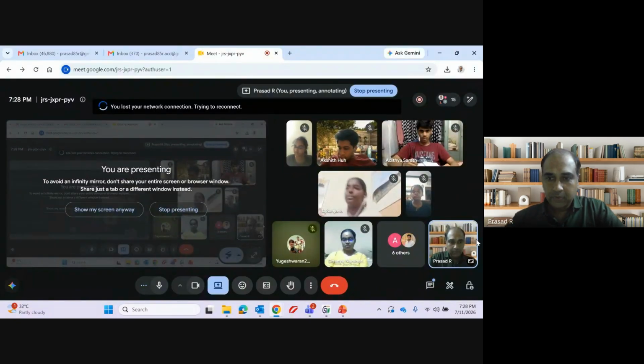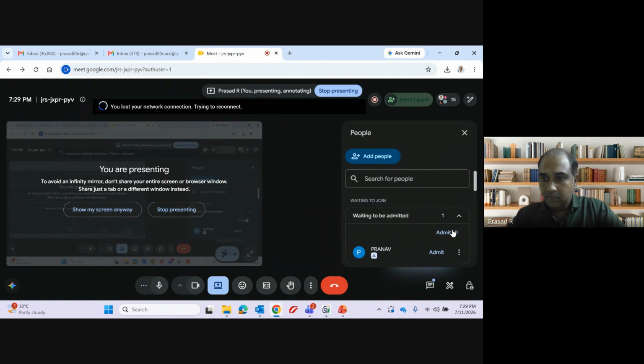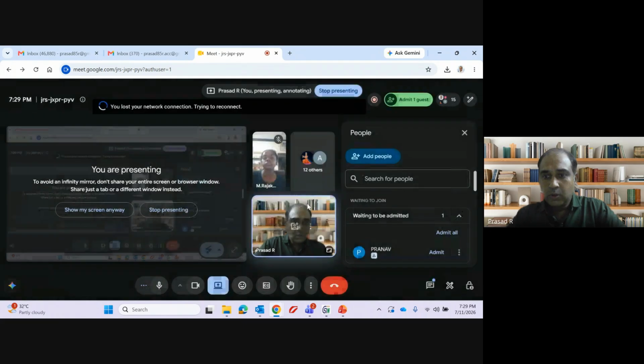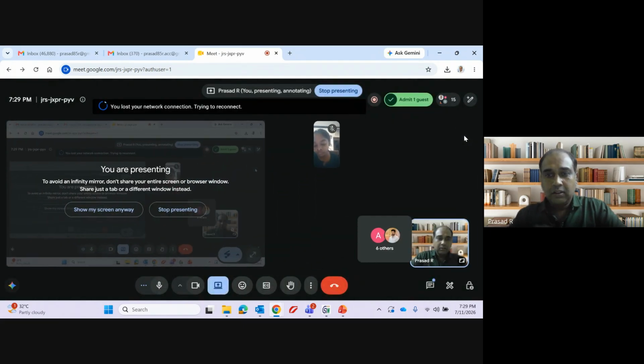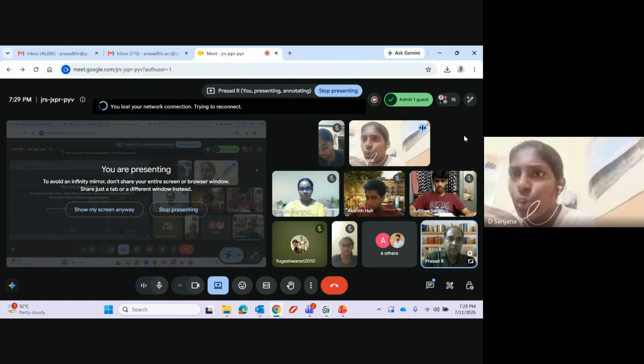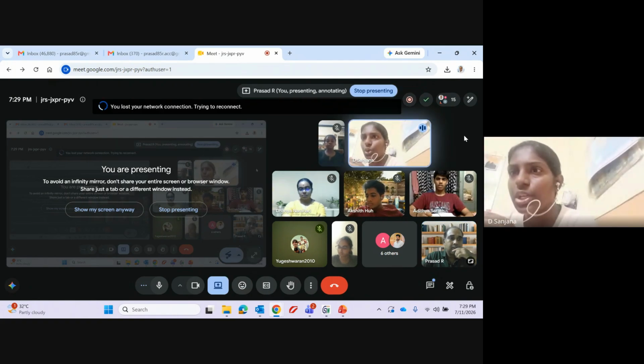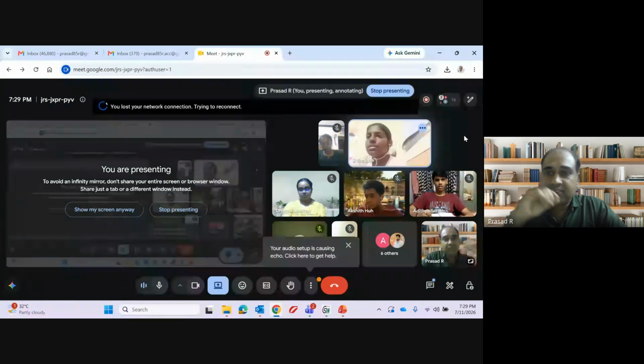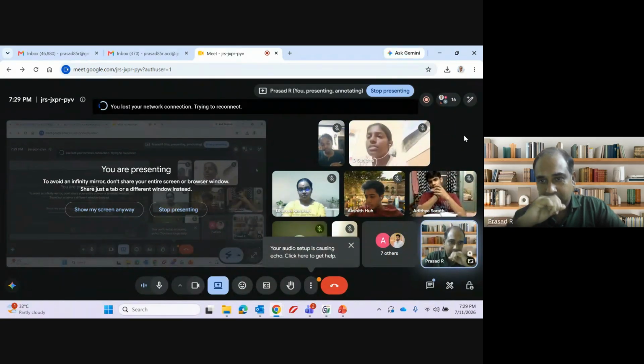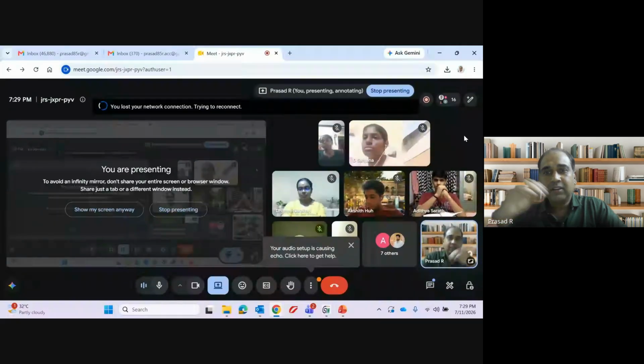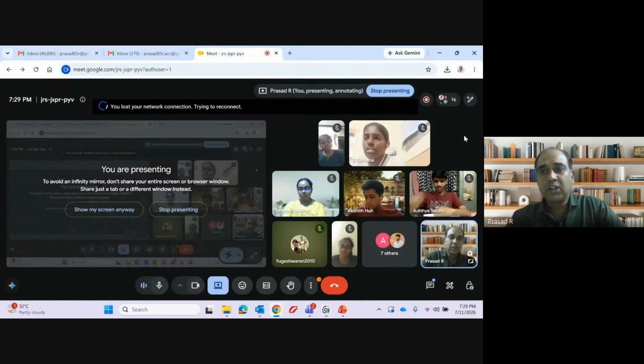Any doubt? Who is a debtor? The person who has to give money to the owner because of a sale which has happened to him on credit. A debtor is a person who owes money to the business because he bought goods on credit. Clear?